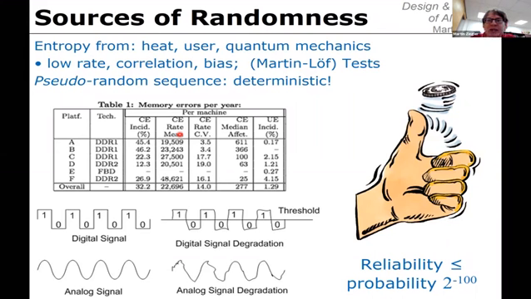We will analyze them under the hypothesis that the source of randomness used in these algorithms is perfectly random, unbiased, uncorrelated.